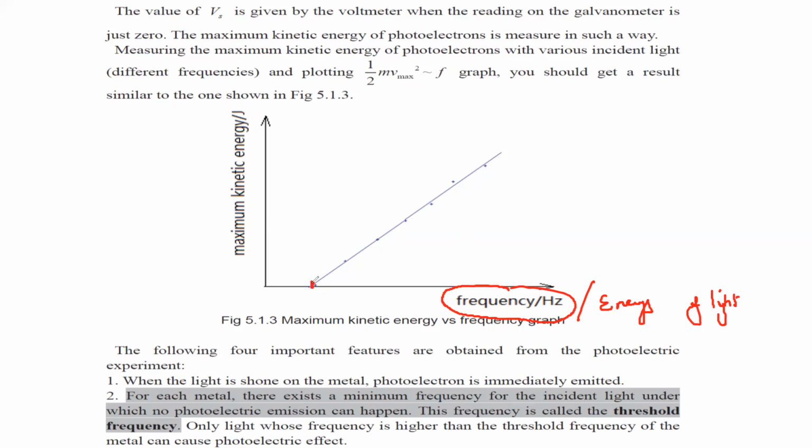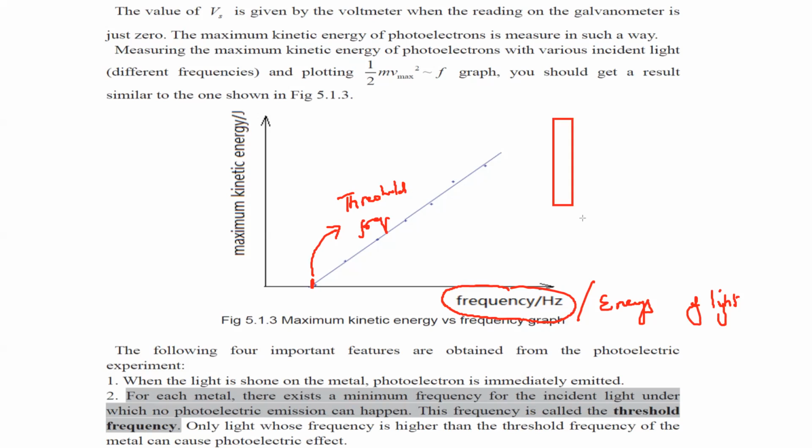The minimum frequency which we need to remove the electron is known as the threshold frequency. So threshold frequency is the minimum possible frequency to remove the electron out from the metal. It is the same thing: there is a certain energy to remove the electron, which we call the work function, but if there is a certain frequency which can remove the electron, we call that the threshold frequency.